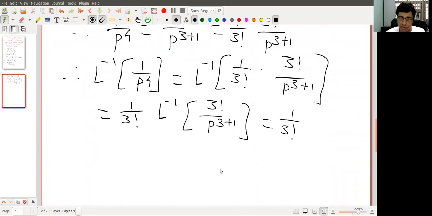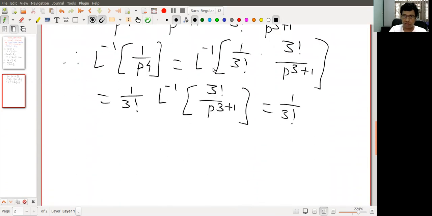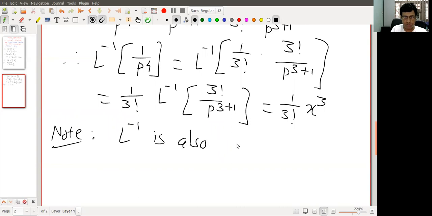L inverse of n factorial upon p raised to n plus 1 is x raised to n. n is 3 here. So x raised to 3 divided by 3 factorial is the answer. I should note that L inverse is also a linear operator.